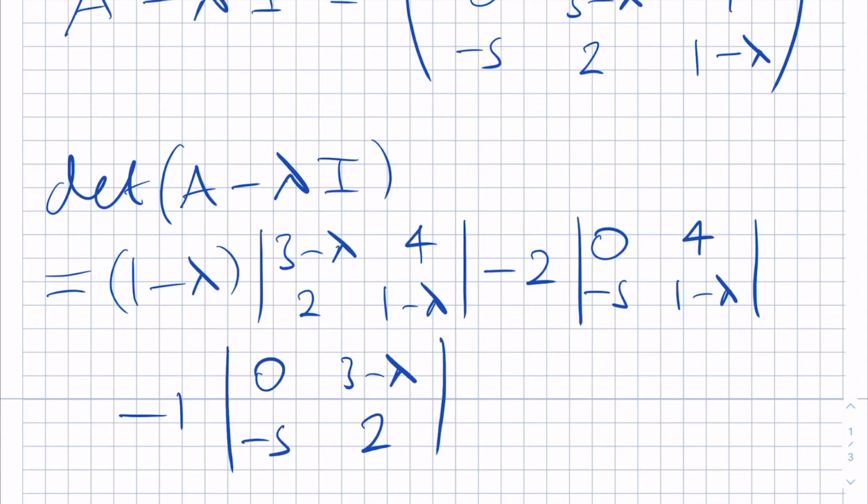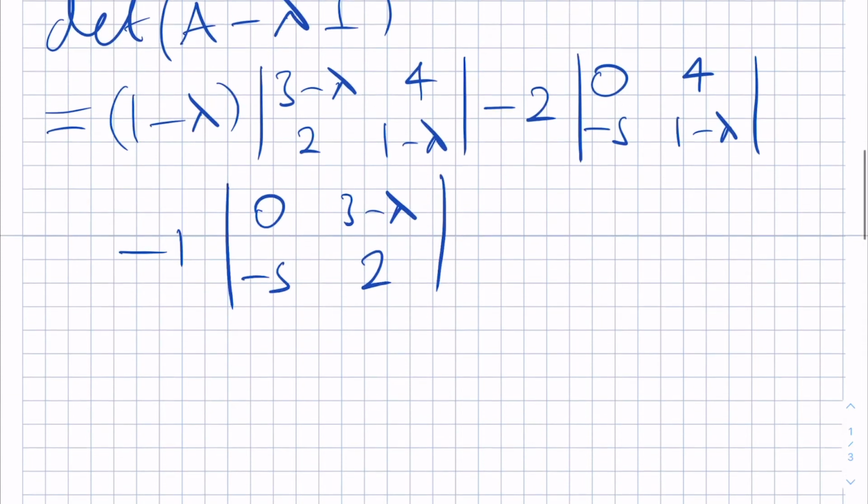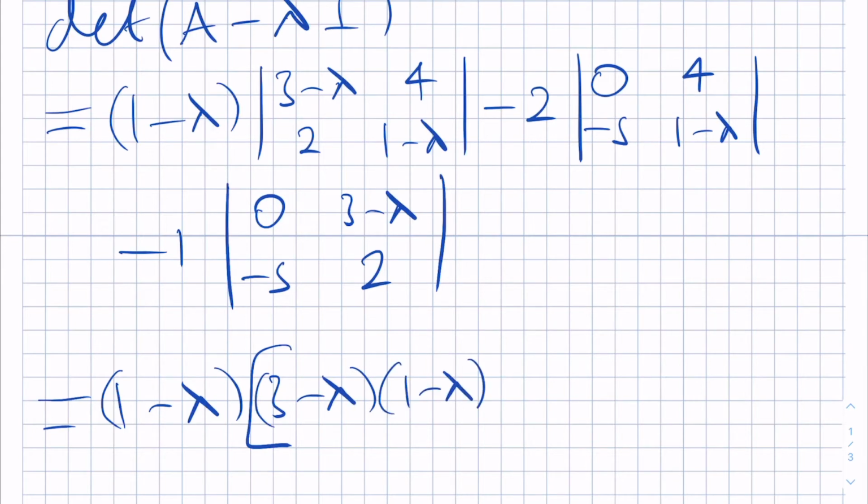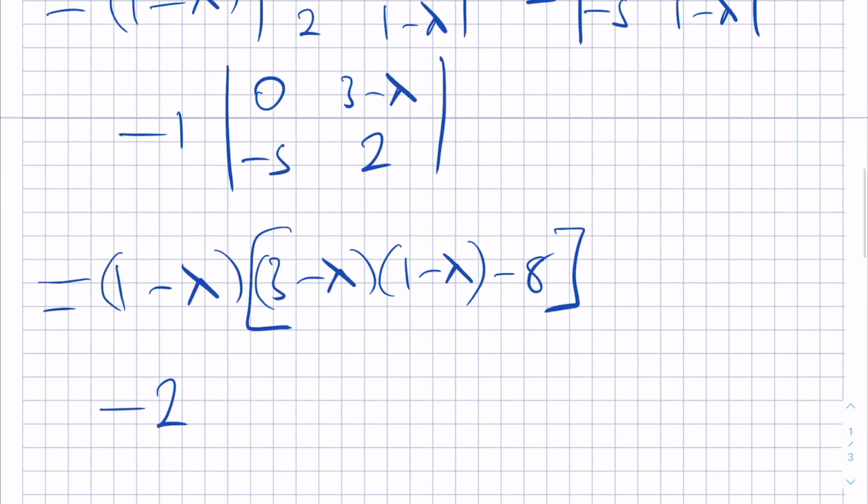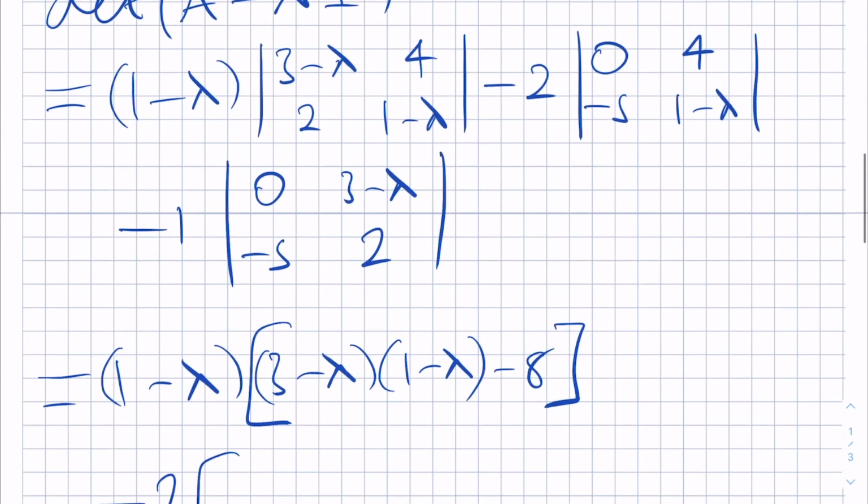Next, we continue by finding the determinant of the 2x2 matrices here, here, and here. This gives us 1 minus lambda, and then we'll use a square bracket, and we'll have 3 minus lambda, 1 minus lambda, and a minus 8. Then a minus 2 with, again, square brackets.